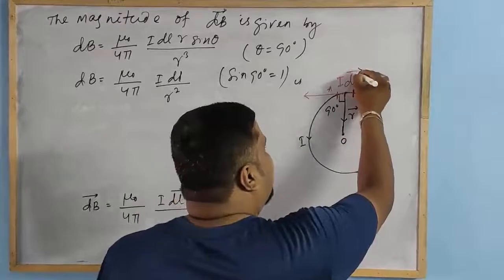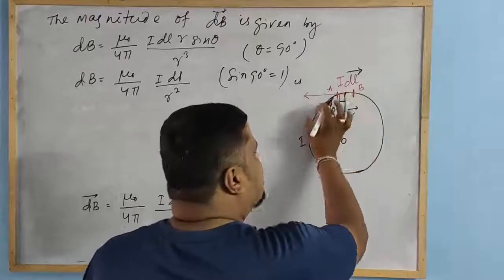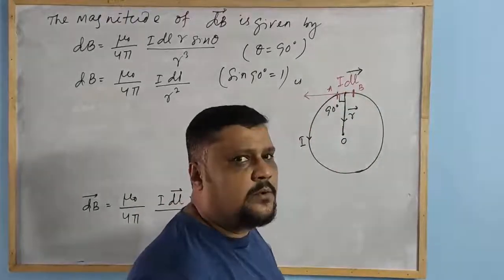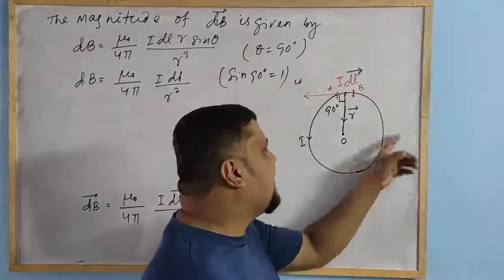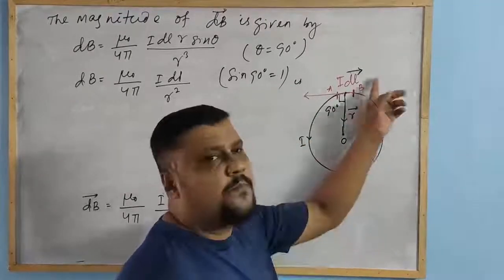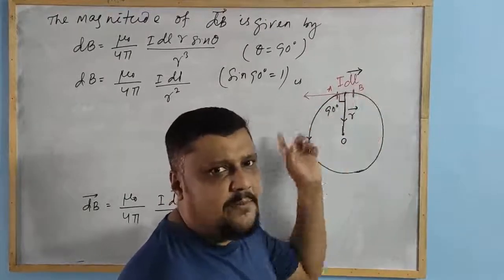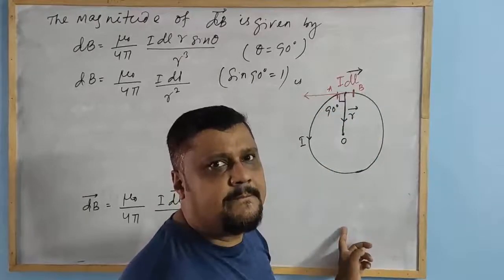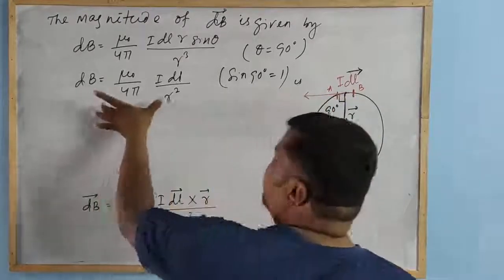Now the coil consists of this type of small elements. To calculate the total magnetic field at O due to the complete coil, for a small element this is the magnetic field.